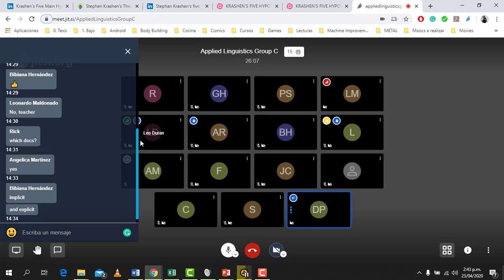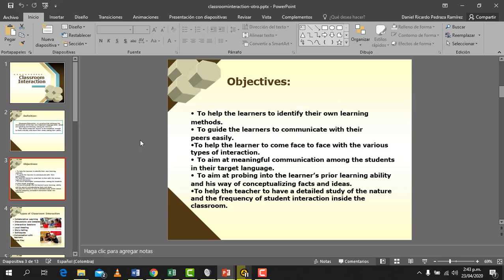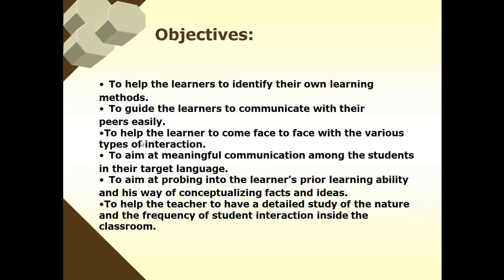So if we follow all of those objectives, the class would have a better interaction. Am I right on what I'm saying? Yes, you do. Sorry. Very good. Okay. Well, I was trying to focus on your interaction, and wow. But yes, you're totally right.